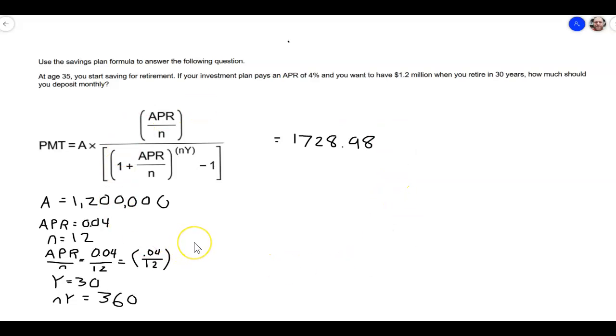A couple of the tricky things here: we had a repeating decimal, so we need to make sure that we either plug in the actual fraction or use a lot of decimal places in order to make sure it's really accurate.